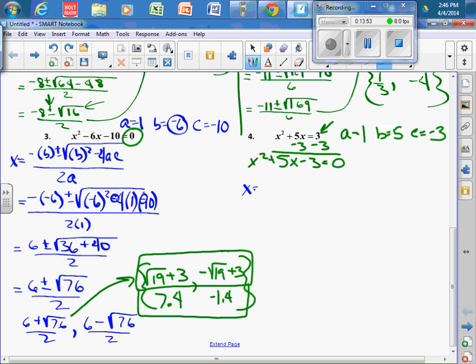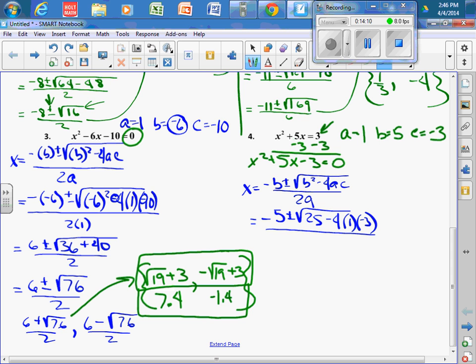So x equals negative b plus or minus the square root of b squared minus 4ac all over 2a. That's negative 5 plus or minus the square root of 25 minus 4 times 1 times negative 3, all over 2 times 1. Negative 5 plus or minus the square root of 25 minus negative 12.